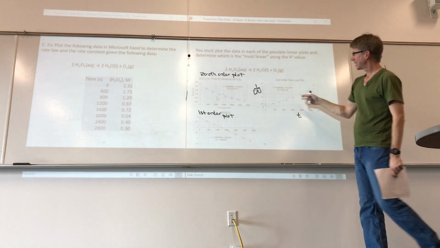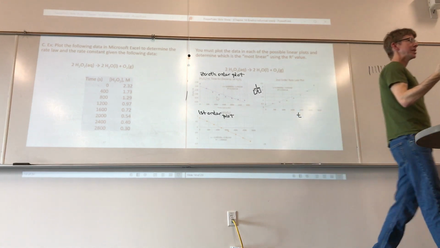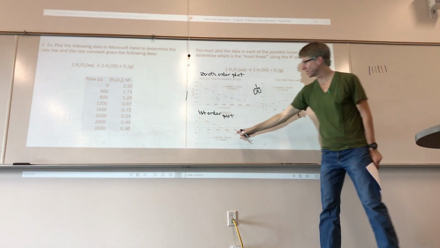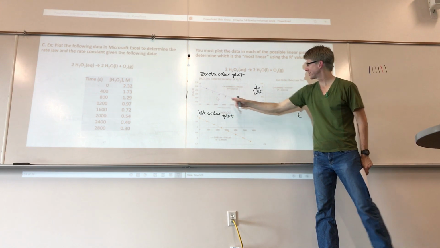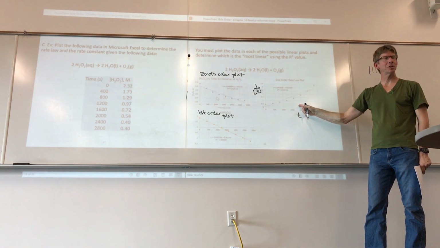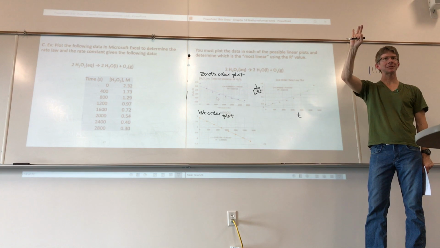And in which of these plots does the line go through the points the best? The 1st order plot, look at this. All the points fall on the line here, not so much. Here, not so much. That is what you need to do to determine what the rate law is for this data. You make 3 plots.